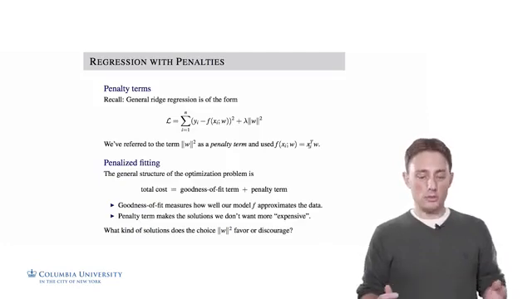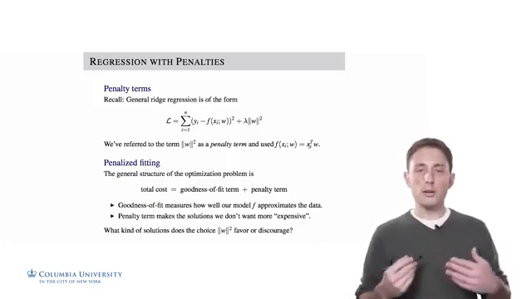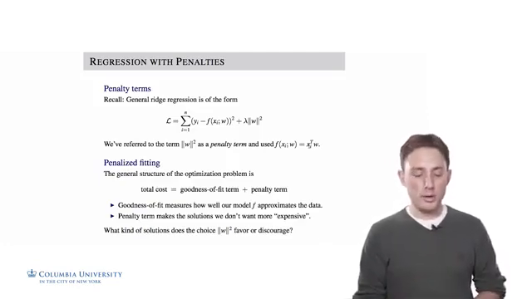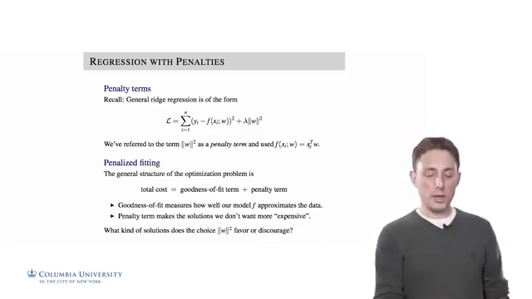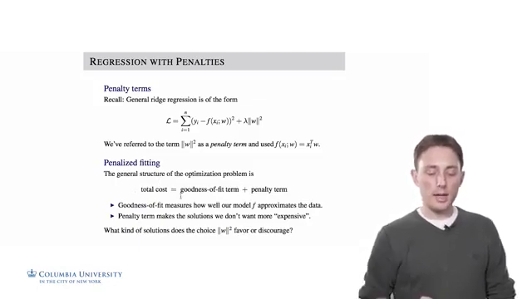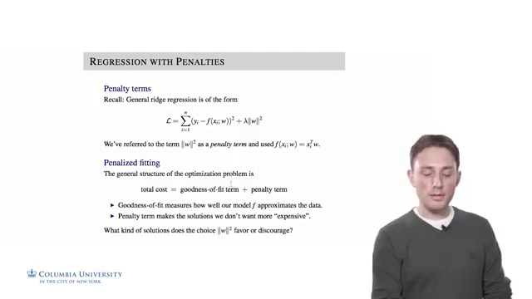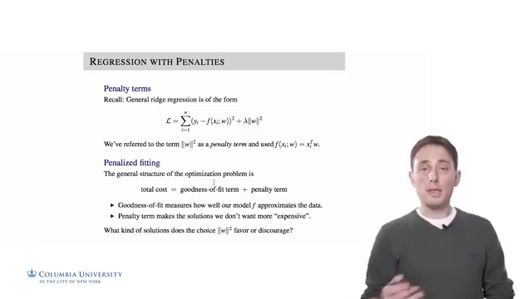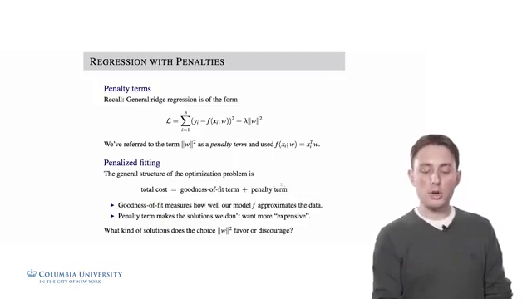And so the general structure of this type of an optimization problem can be thought of this way, where we have the total cost that we're trying to minimize. So we're trying to minimize a total cost that we can break down into a sum of a goodness of fit term, so this is how well does our model fit the data, plus some sort of a penalty term on the model parameters.